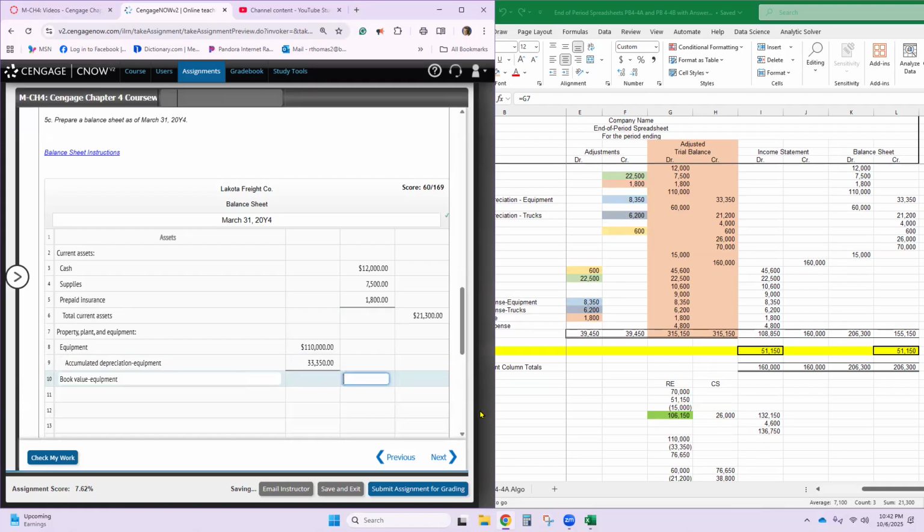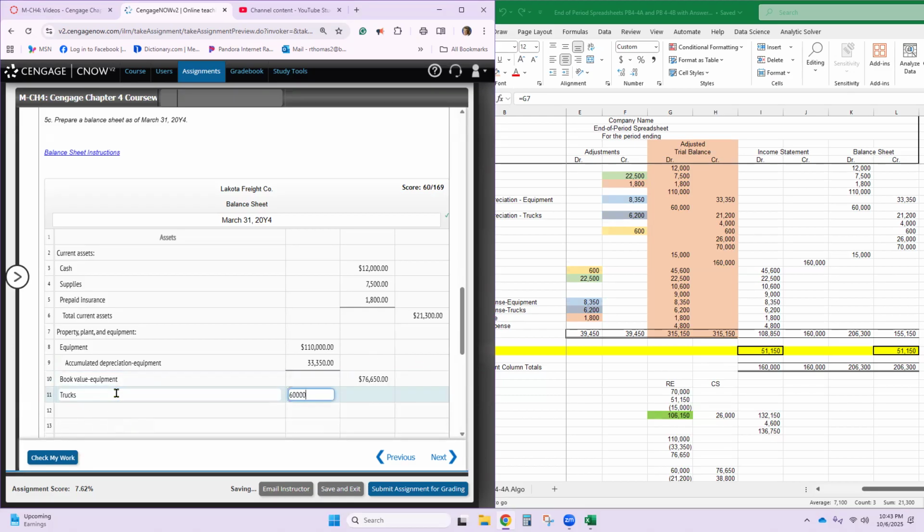They want the total there. Just a moment here. And the book value of that equipment is $76,650. Now we're ready to put trucks.